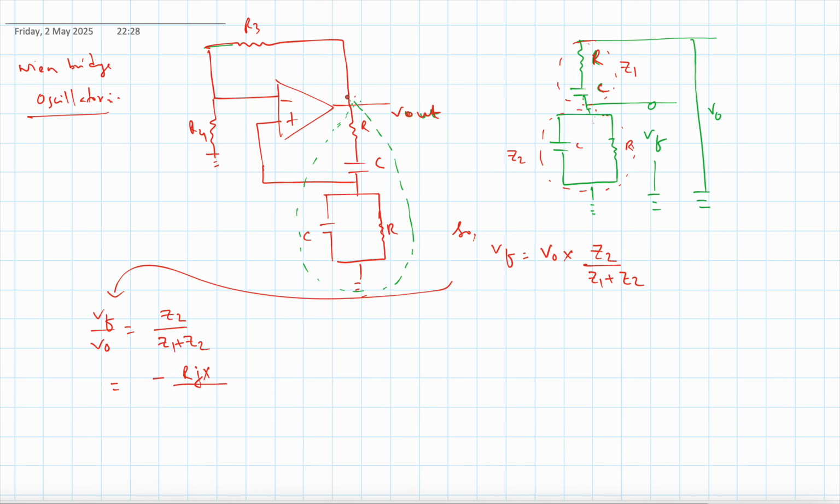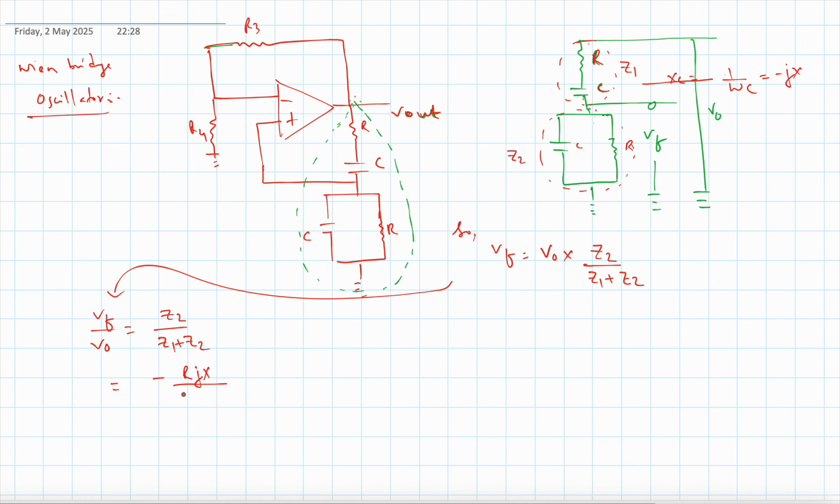Okay, this R, and this is 1 by omega C, and I'm writing this in terms of JX now. Yes, this is XC, which is 1 by omega C, and now I'm just writing this as minus JX.